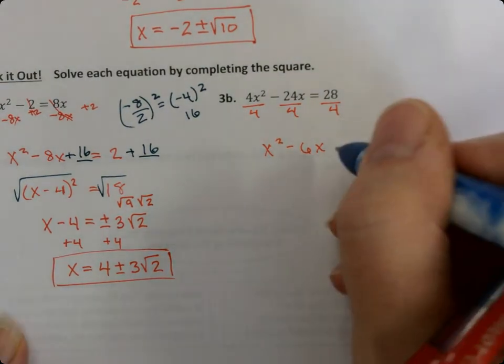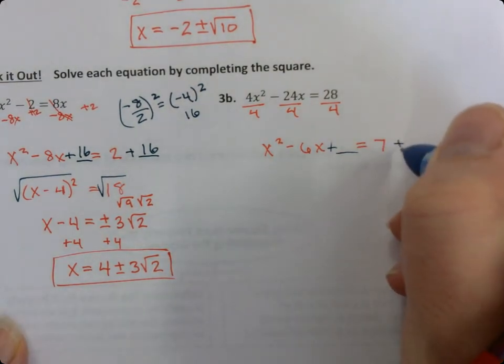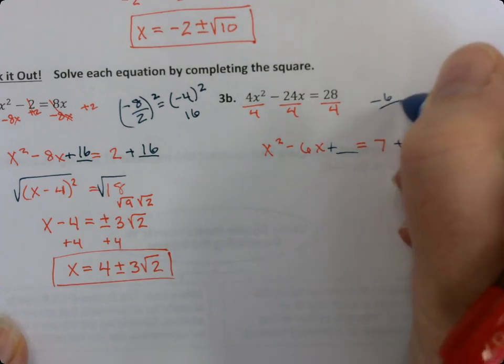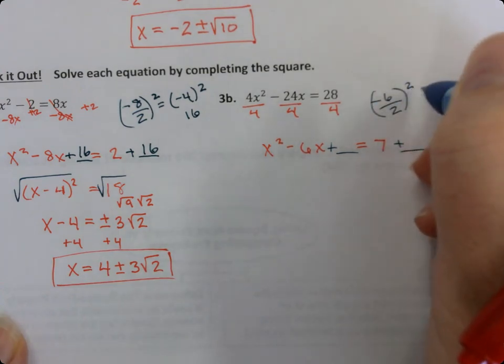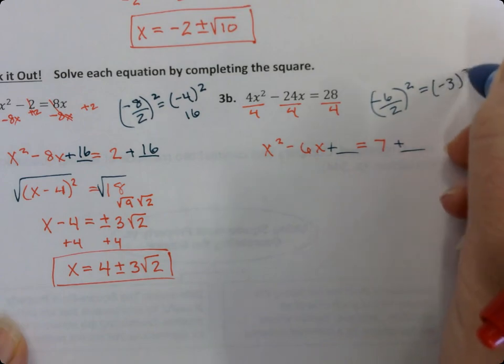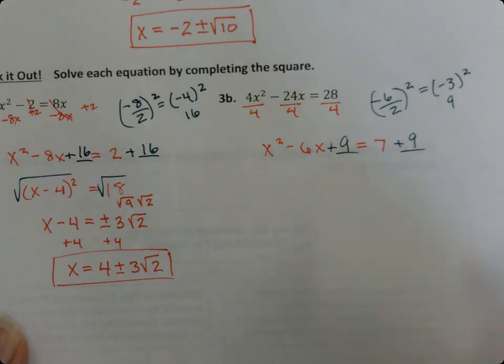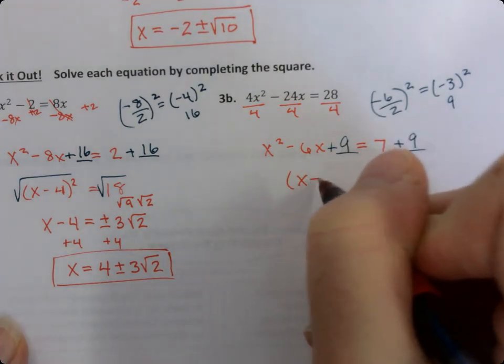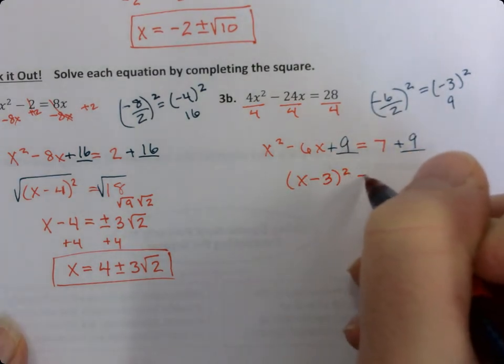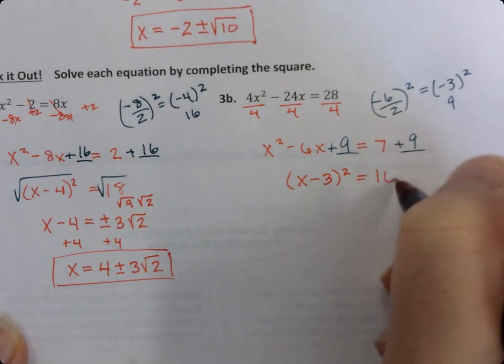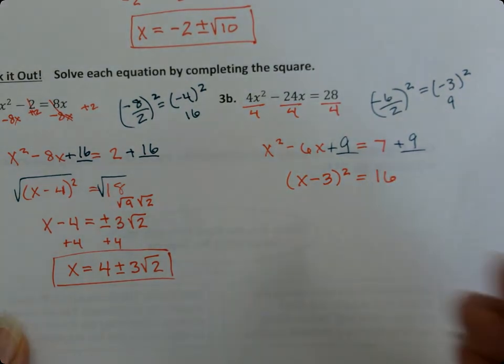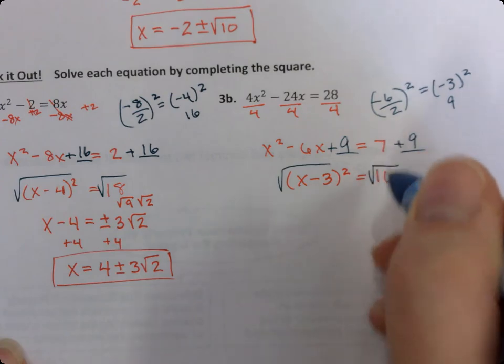I'm going to put in my lines just to help my brain, and I'm going to take negative 6 divided by 2 and square it, which is negative 3 squared, and I should get 9. All right, take the time to factor it and double check your perfect square factoring, and I end up with 16 here. And then I'm going to come in and take the square root.